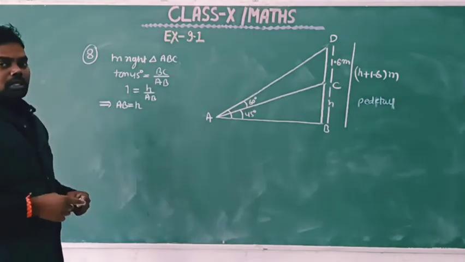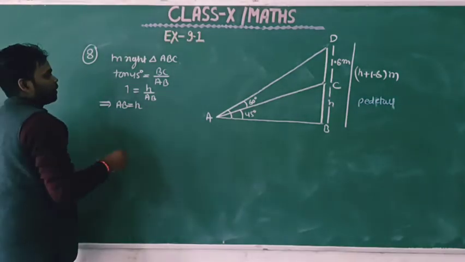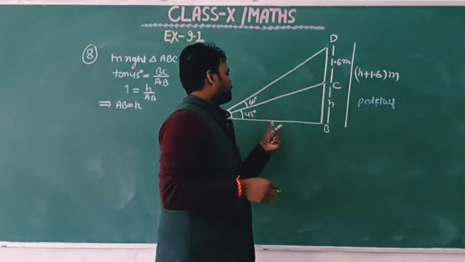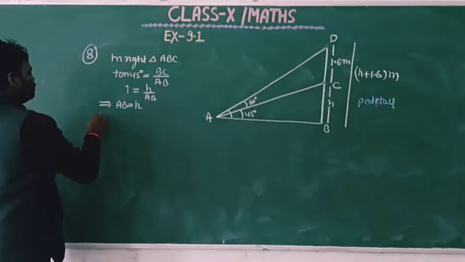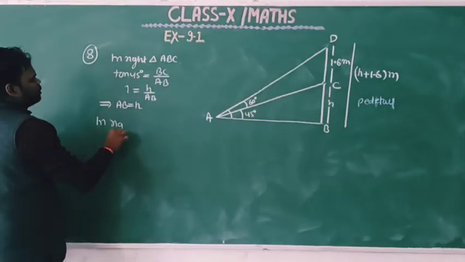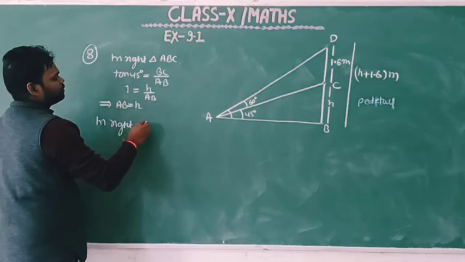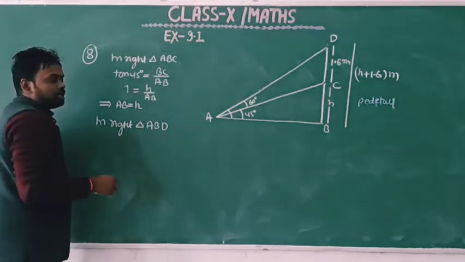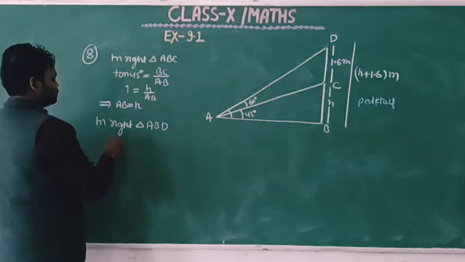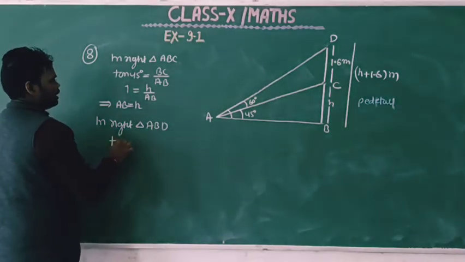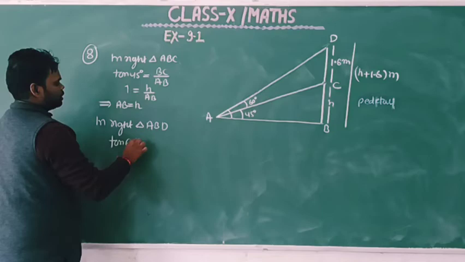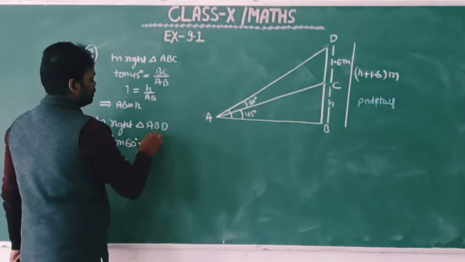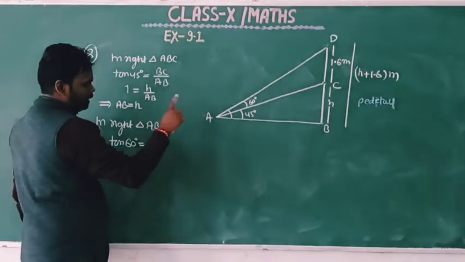Again choose right triangle ABD. In right triangle ABD, tan 60 degree equal to BD upon AB.